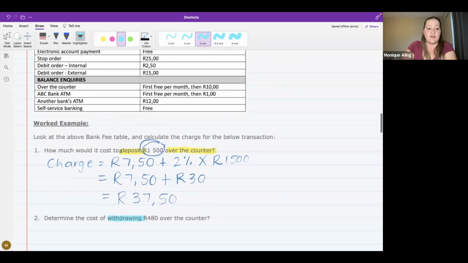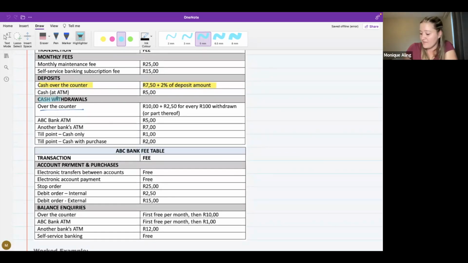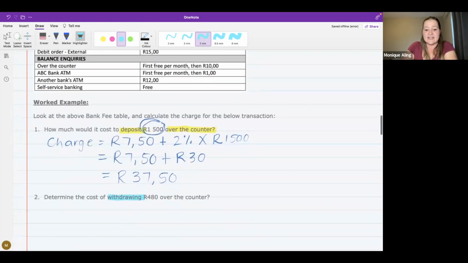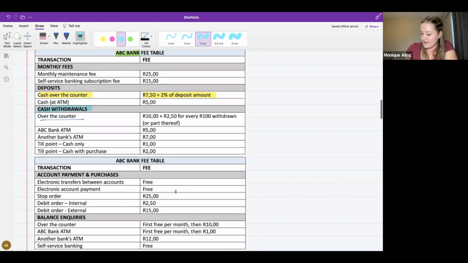So we go to our table and we look at withdrawals. Now, obviously, there are various ways you can withdraw the money. So specifically, they said over the counter. So that means you're going to the bank. So over the counter is over here. And that means it is the 10 Rand plus 2 Rand 50 for every 100 Rand withdrawn or part thereof.